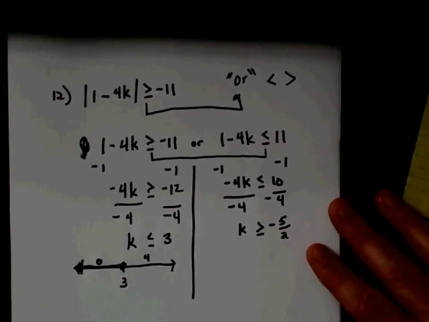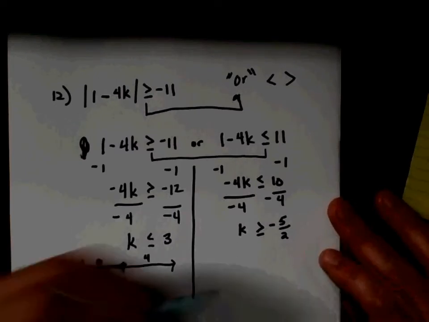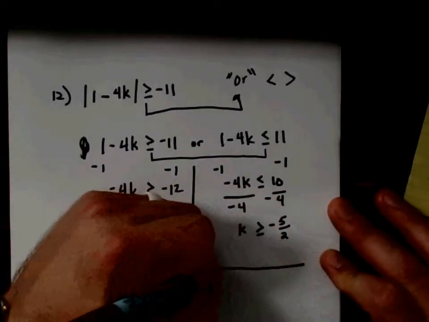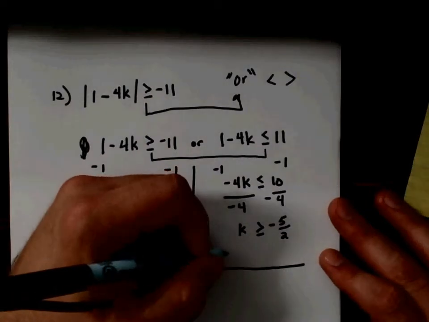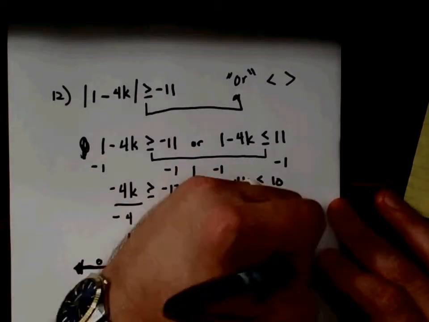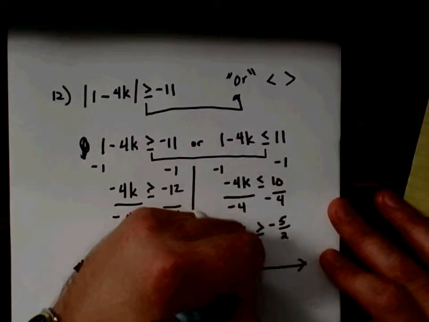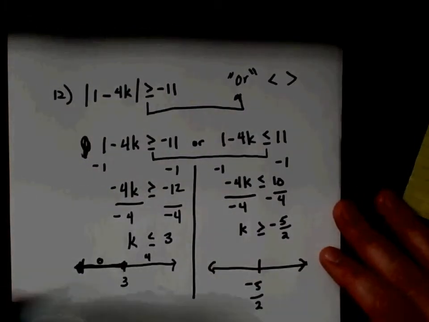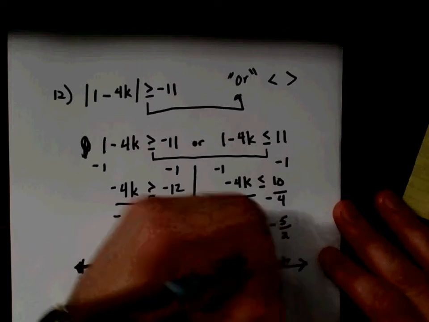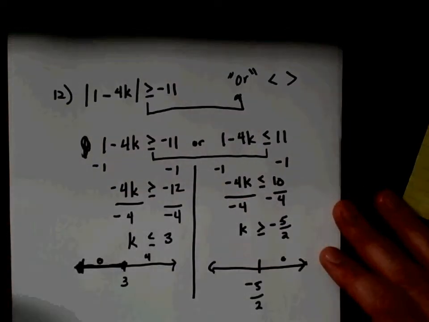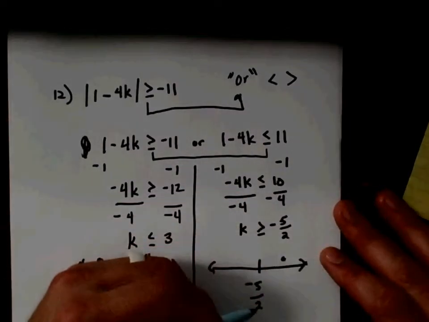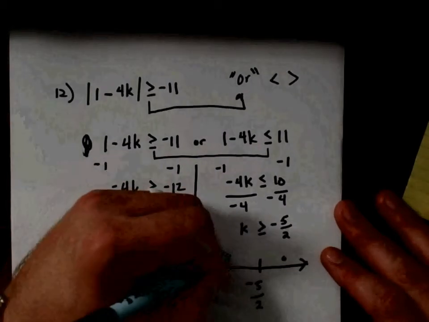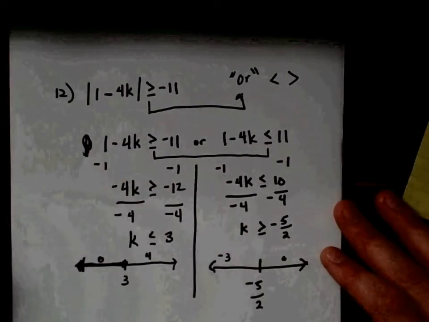Now some of us are like, crap, I've got to deal with a fraction. We don't, because we're going to check numbers. The numbers that I would pick to the left and the right, first of all, 0 on that side. And this is, what, 2.5? So I'm going to pick negative 3.